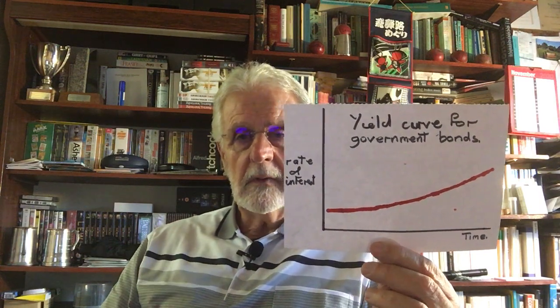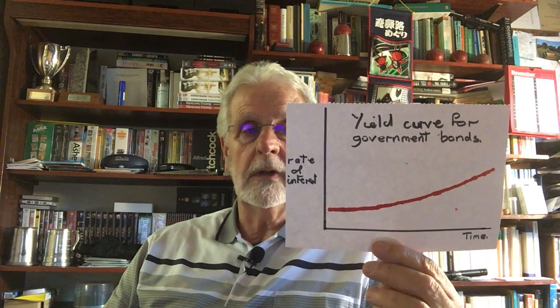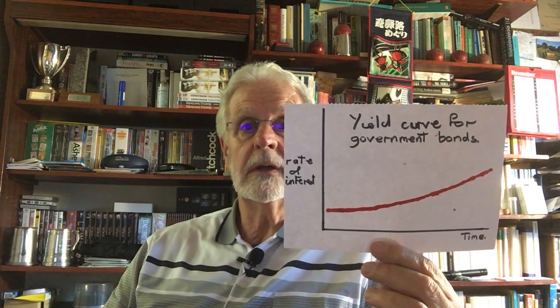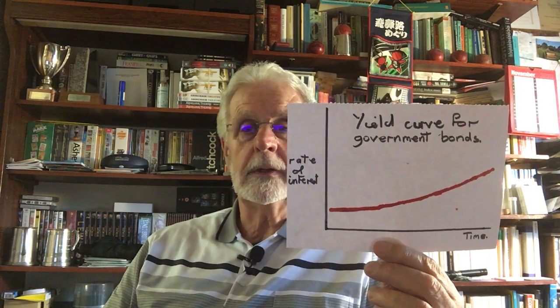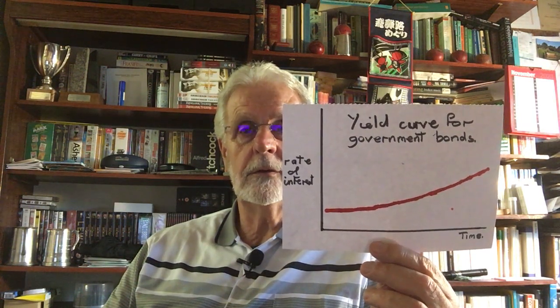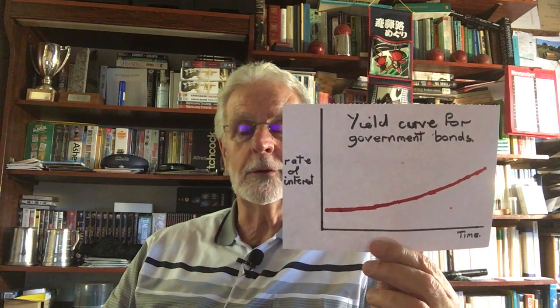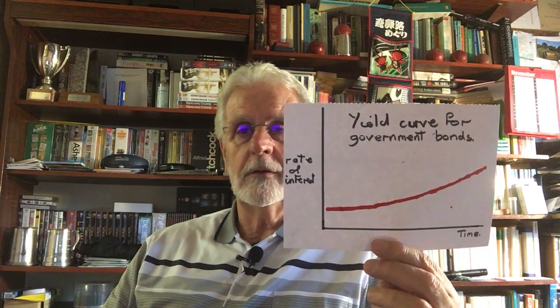So if there's 3 months to maturity, the rate of interest is low, but then as time goes on, as we get to assets which are 5 years to maturity, 10 years, 15 years, will never mature, the rate of interest rises.